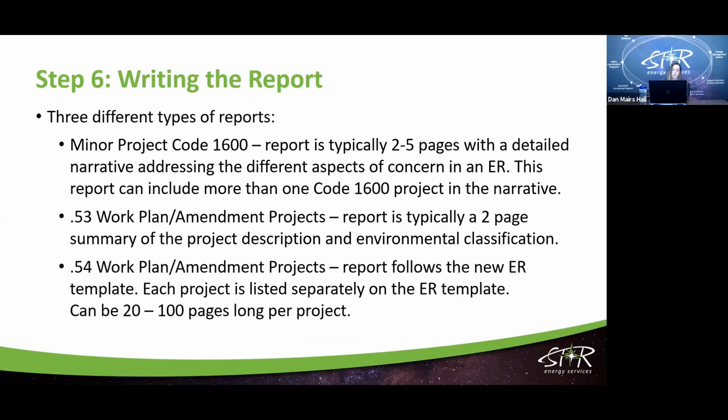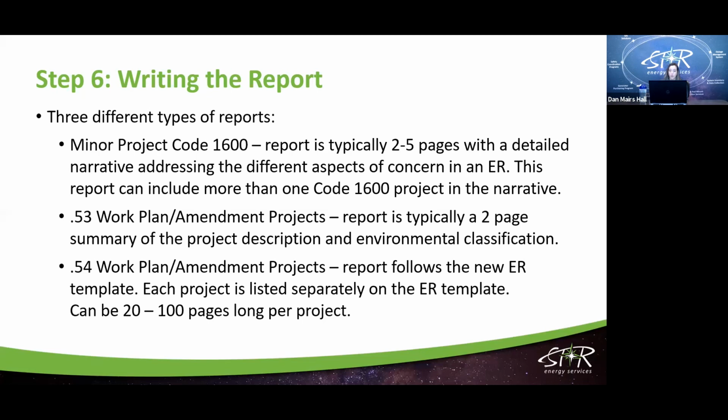Next up, we write the report. So send the consultation letters, found the historical and archaeological resources. We've gotten our response back from SHPO and or TIPOs. We need to get the report written. There's 3 different types of reports that we write based on the project type.